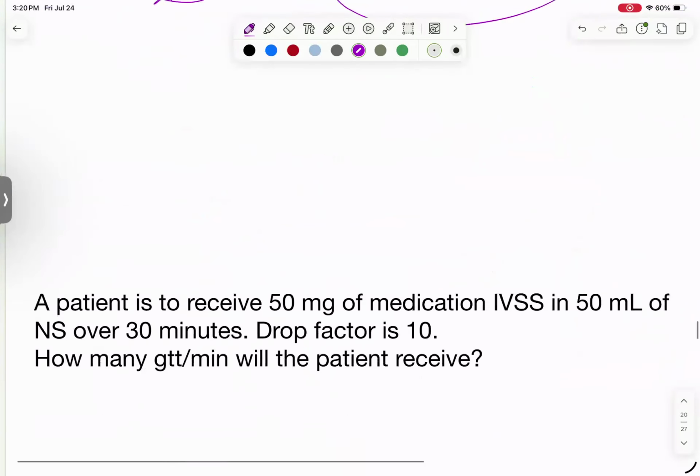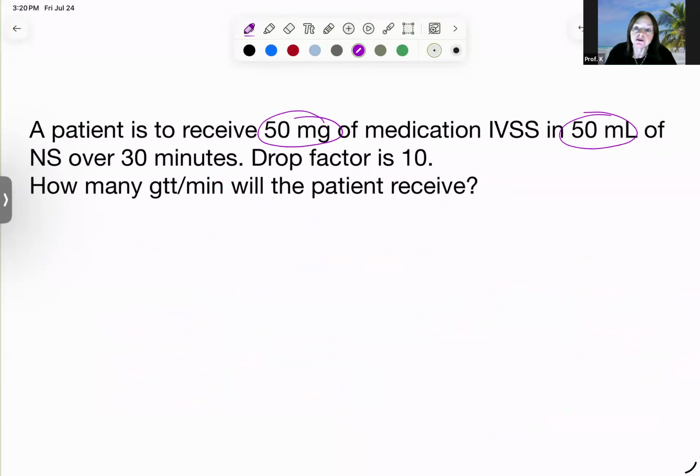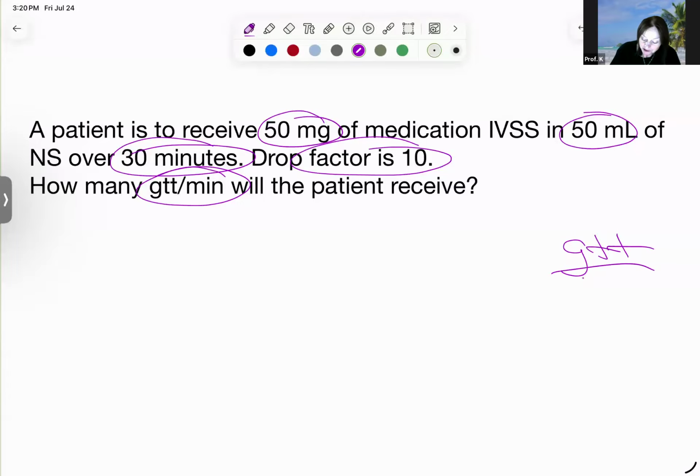All right. It's the same thing when you're doing drops per minute. This question tells you it has 50 milligrams in this 50 milliliter bag. It tells you to run it over 30 minutes and it gives you a drop factor. And it tells you what you're solving for, drops per minute. So you know it's a rate. I don't care. I mean, I care about the strength, but not right now.